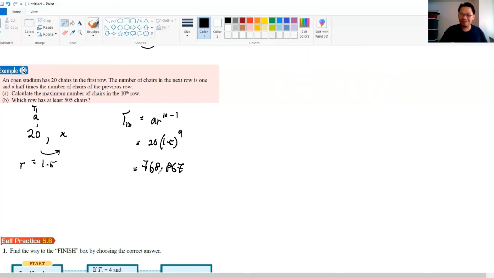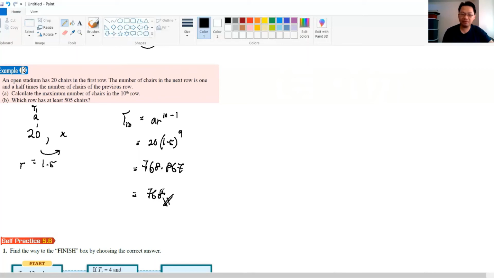That's why you need to be careful here. So we are talking about chairs here. 768.867 is the maximum number of chairs that can be put on the 10th row. So from here we can round off this value, so we round off to become 768.